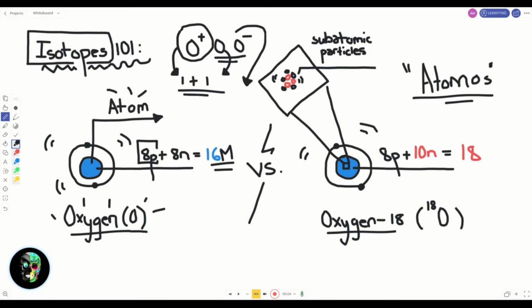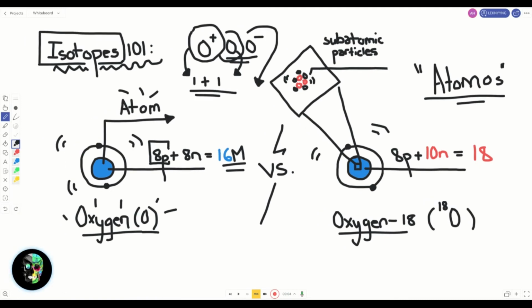They have the same identity, but they have 2 different masses, right? You can preserve identity while changing mass. How are you going to do that? You're going to do that by changing the number of neutrons in an atom. And although it's more rare, that's exactly what an isotope is. Surprisingly enough, that's literally all an isotope is.